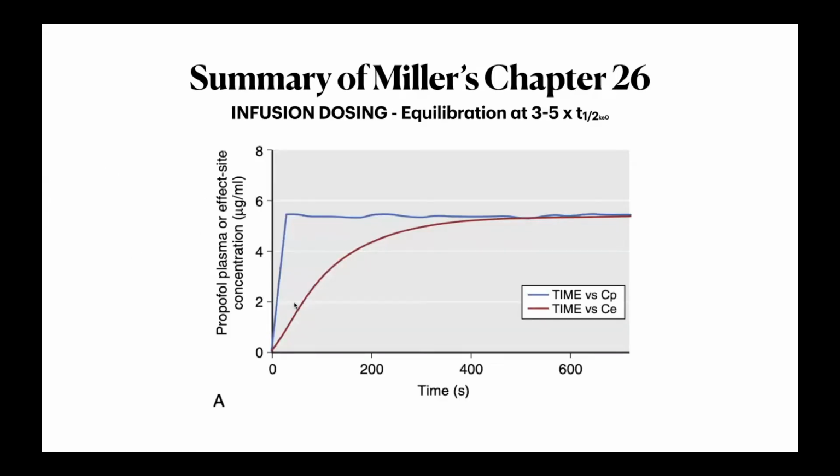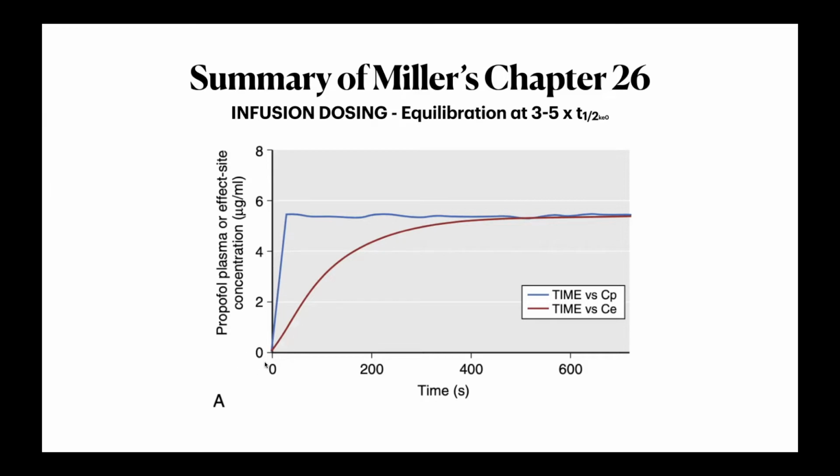This is a diagram which shows that if you use an infusion with plasma target concentration, it reaches the target quickly and then just maintains it at that state.